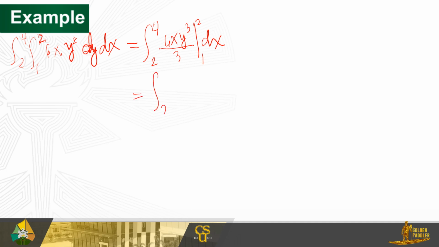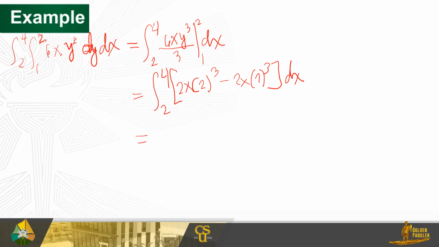So we have 2 to 4, we have 2x times y cubed, which is 2 cubed in this case, minus 2x times 1 cubed. And the whole thing is integrated with respect to x.